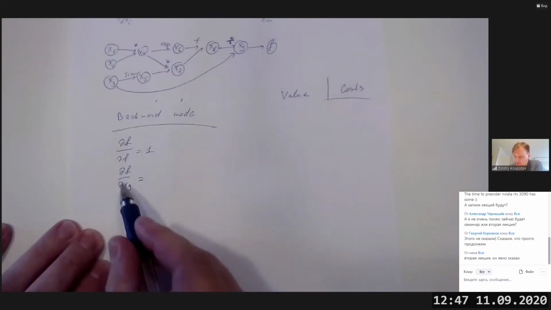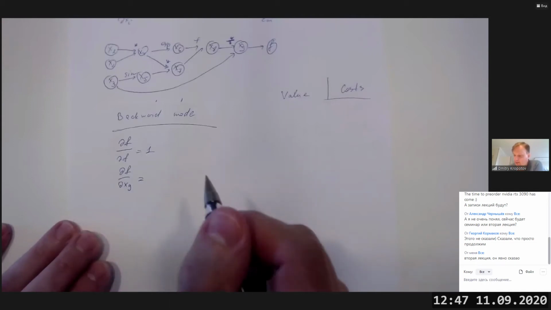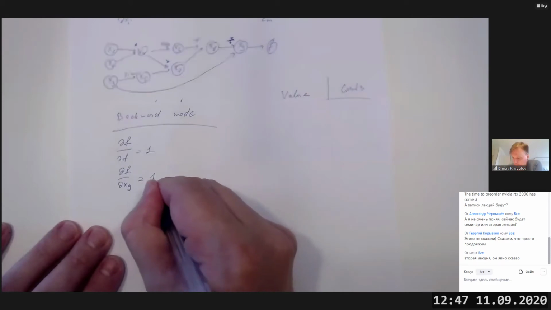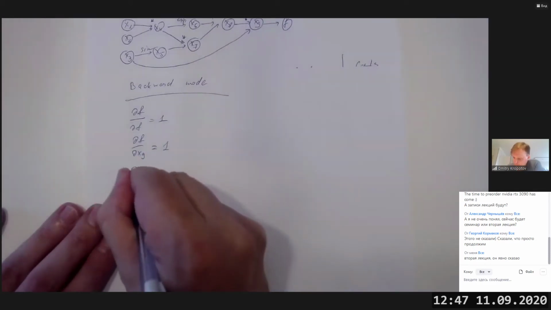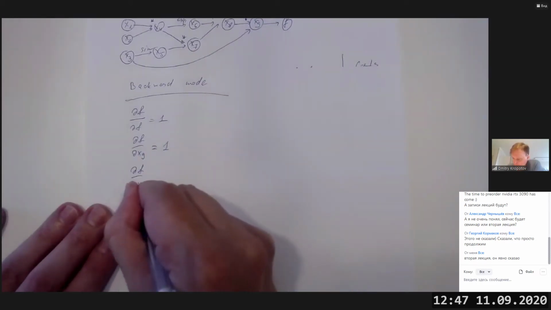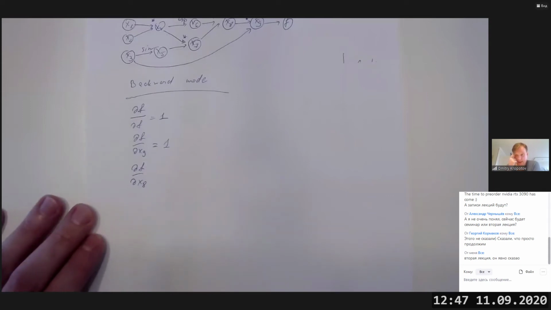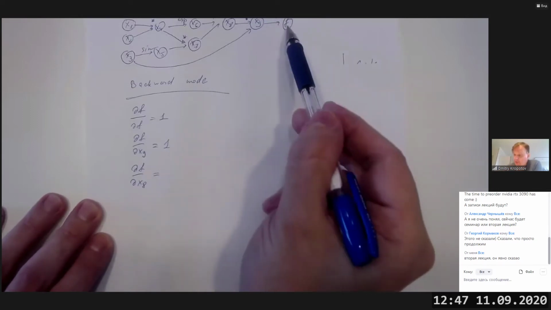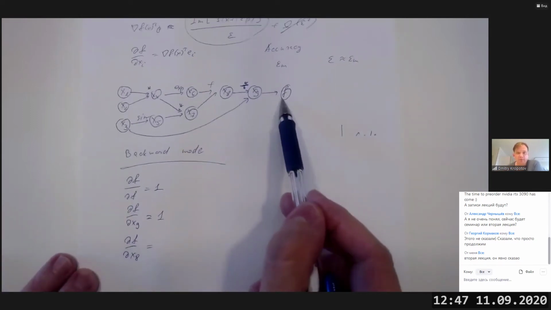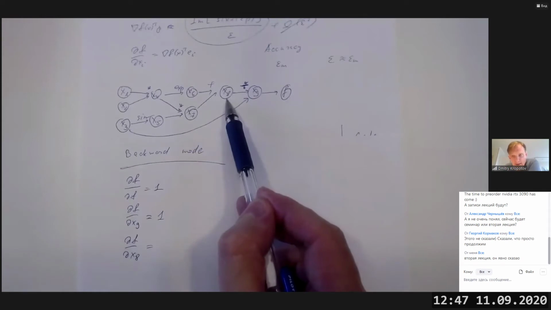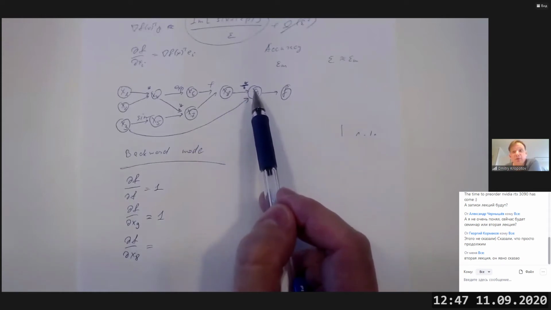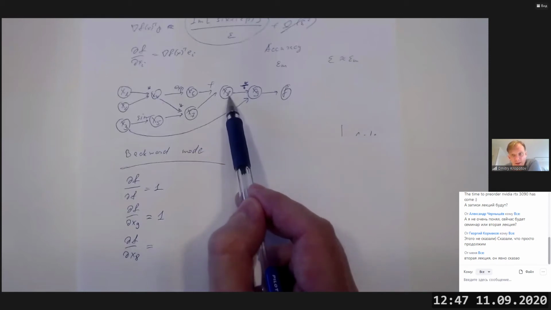In this case, with respect to x9, and since f is equal to x9, this is also 1. The next step is df with respect to x8. This can be calculated using the chain rule. So the derivative of f with respect to x8 is a product of the derivative of f with respect to x9 times the derivative of x9 with respect to x8.